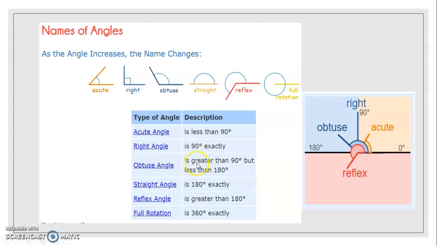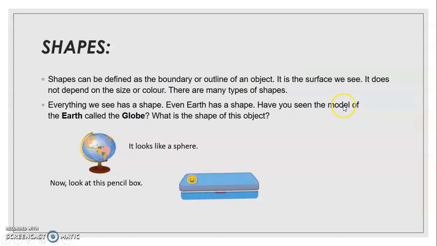Obtuse angle is greater than 90 but less than 180. Straight angle, it's exactly 180. Reflex angle, it's greater than 180. Full rotation is exactly 360 degrees. You can see this picture over there.